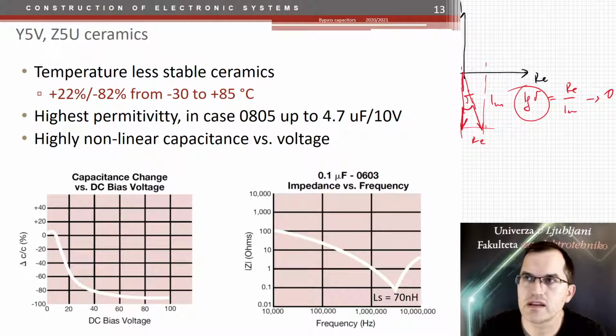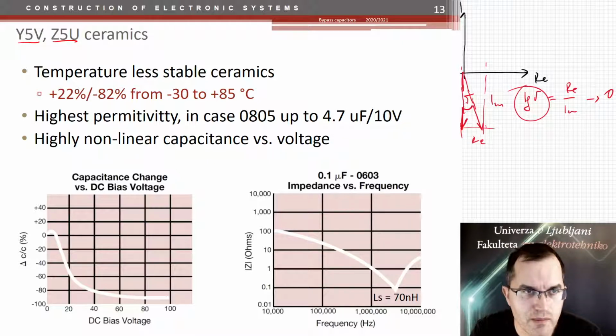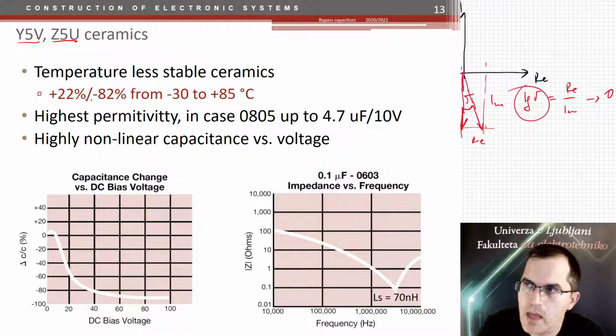What about the Y5V or Z5U? These are two very, very bad ceramics, which have only one good property, that's the dielectric constant. The capacitors using these ceramics have the highest capacitance in the same case, but their temperature coefficient is really bad. And not only that, the capacitance is very dependent on the DC voltage.